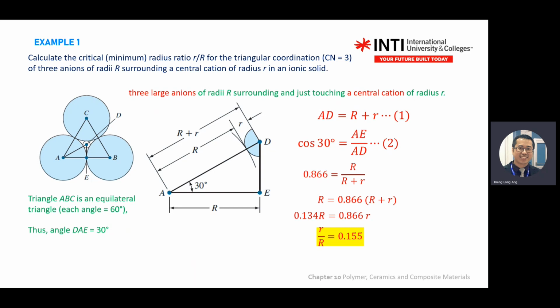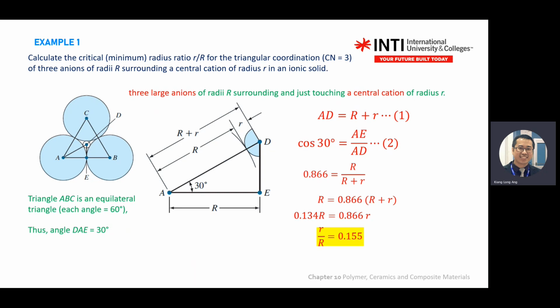Or are you able to use this and then calculate the radius or combination of positive charge and negative charge that give you this ratio or give you the CN of 3?